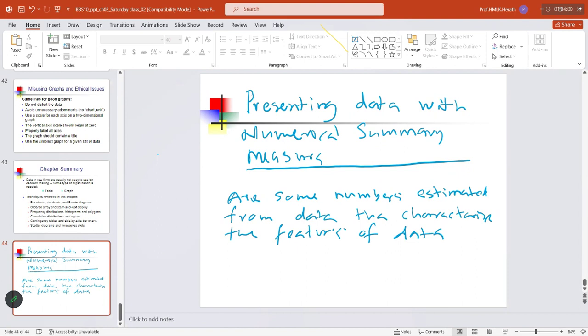Sometimes they are estimators of population parameters.